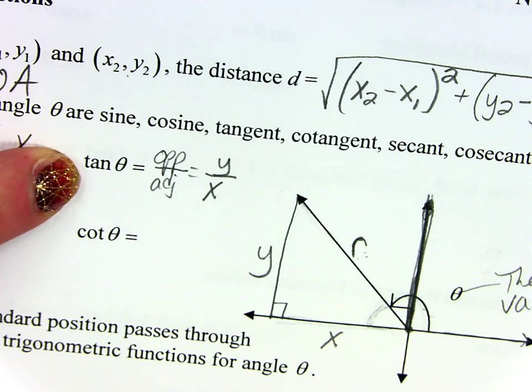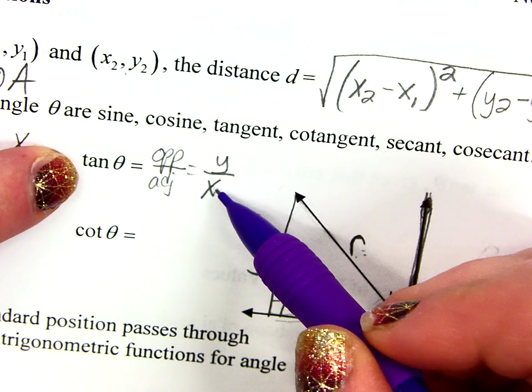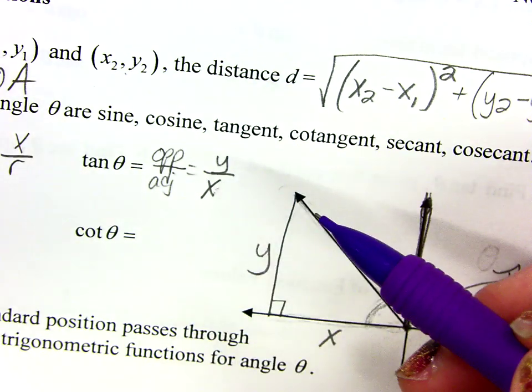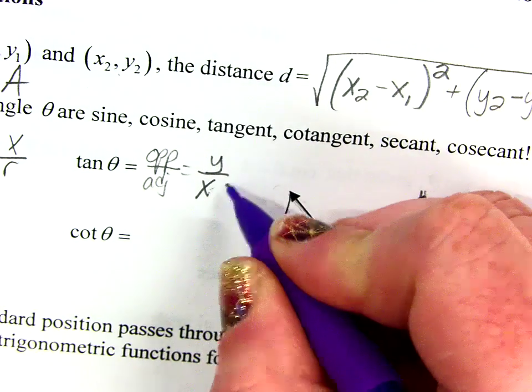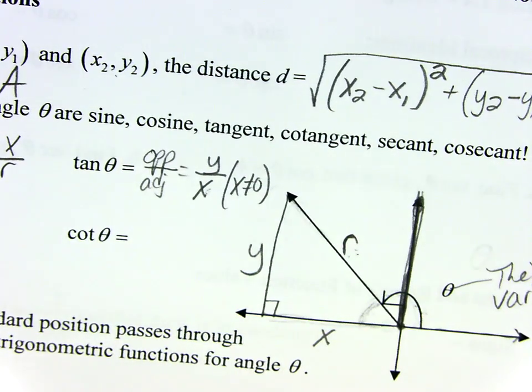We just need to make a note that because I'm never allowed to have 0 in my denominator, I have to specify that I can't have an x value that's 0. Otherwise, I'm going to end up with a 0 in my denominator. So let's just make sure that we note x cannot equal 0. Y can, but x can't.